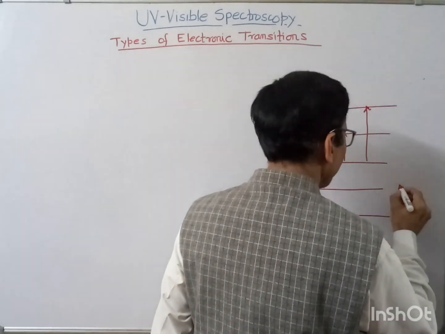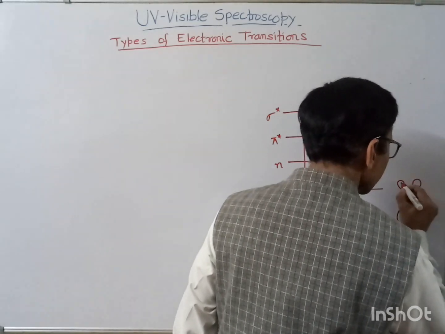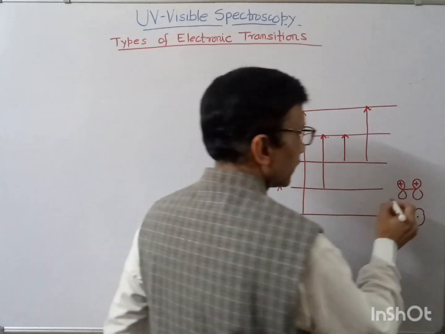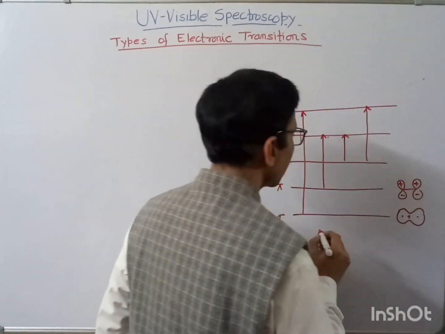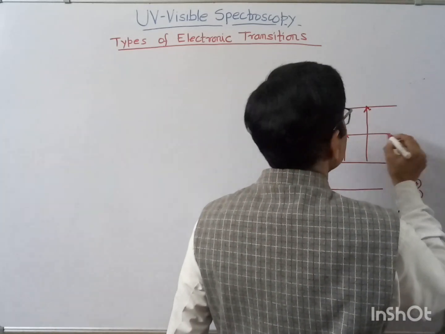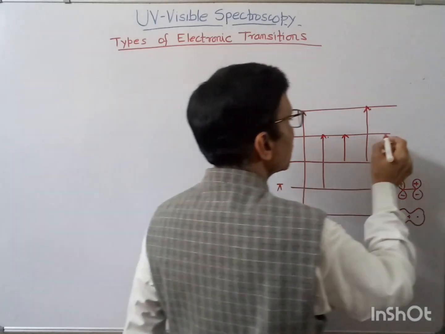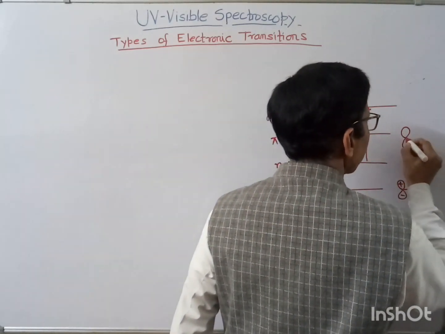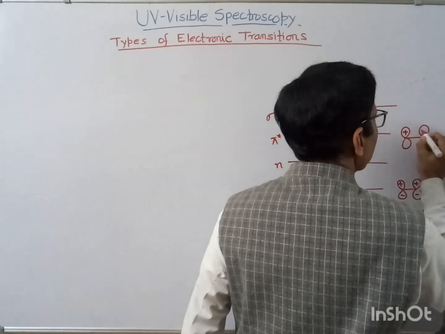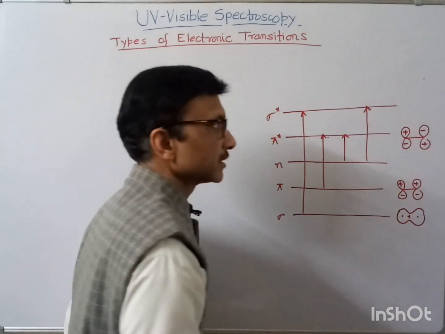And this pi molecular orbital can be represented in this way: the upper lobe has the positive sign and the lower lobe has the negative sign. Then the non-bonding orbitals, and corresponding to this, the pi star we can represent like this. The upper lobe has the opposite sign, and in the same way like this.